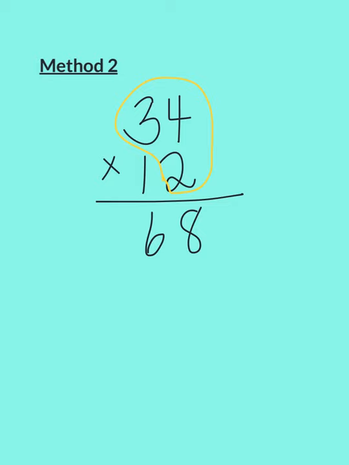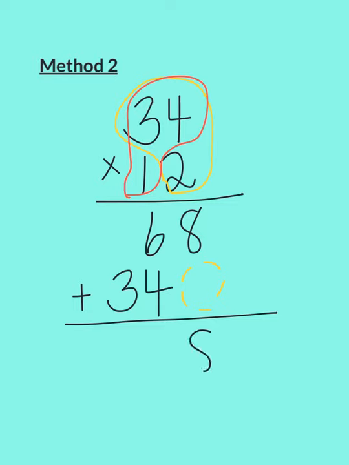Then we will multiply in our tens place. 1 times 4 is 4. And 1 times 3 is 3. Now instead of including a 0 right here, I'm just going to leave it blank. So I'm going to continue by leaving that spot completely bare and getting the same answer in the end.